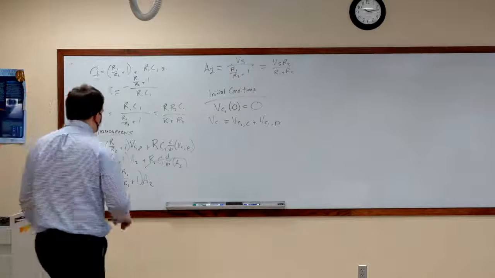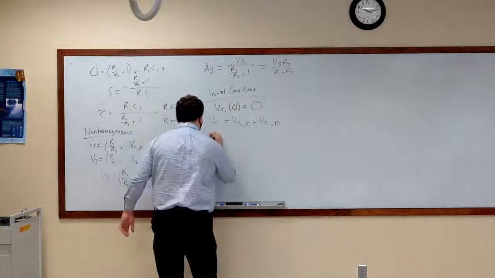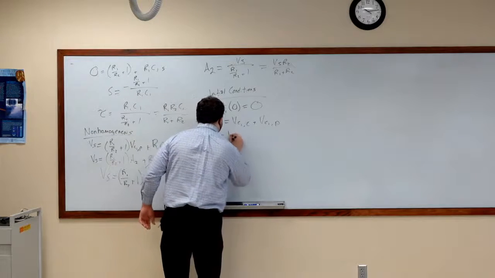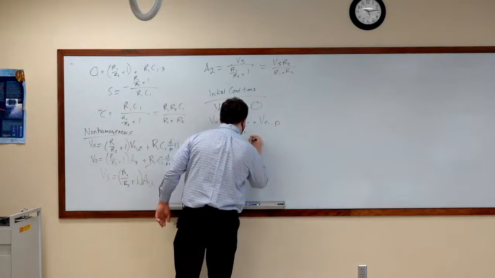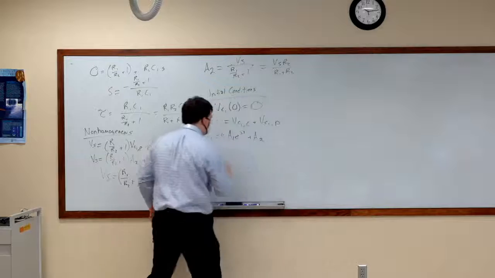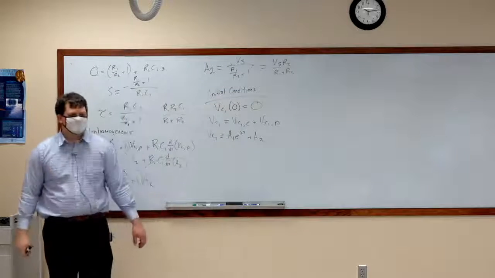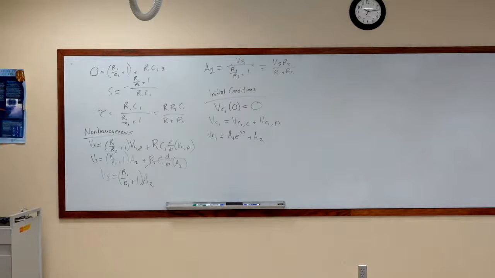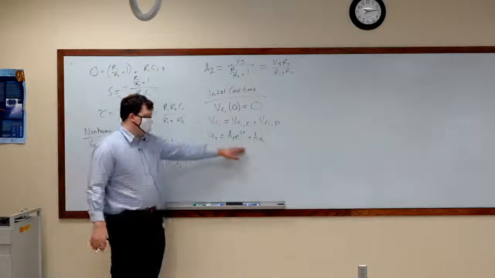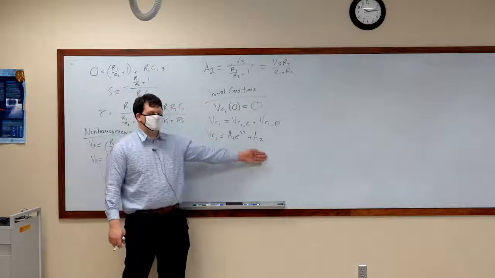I'm going to go ahead and write those in here now too. So VC1 is equal to A1 e to the st plus A2. It's just complementary plus particular. Okay? Now, which of these values do we already know?